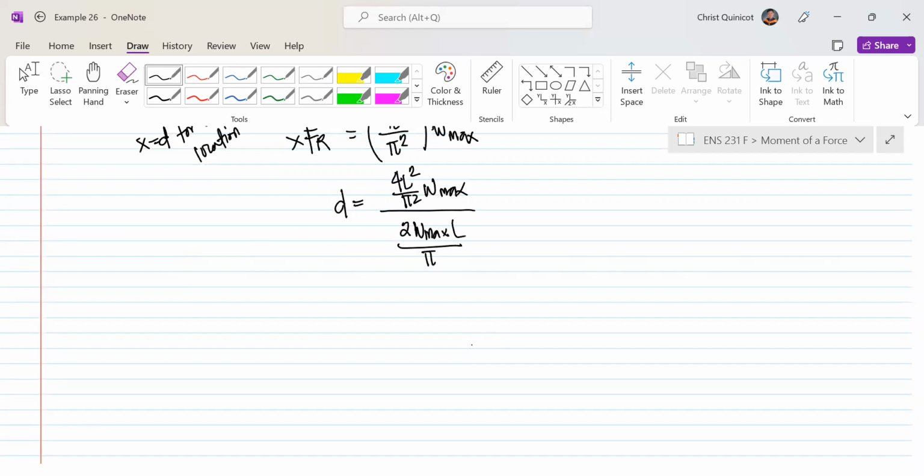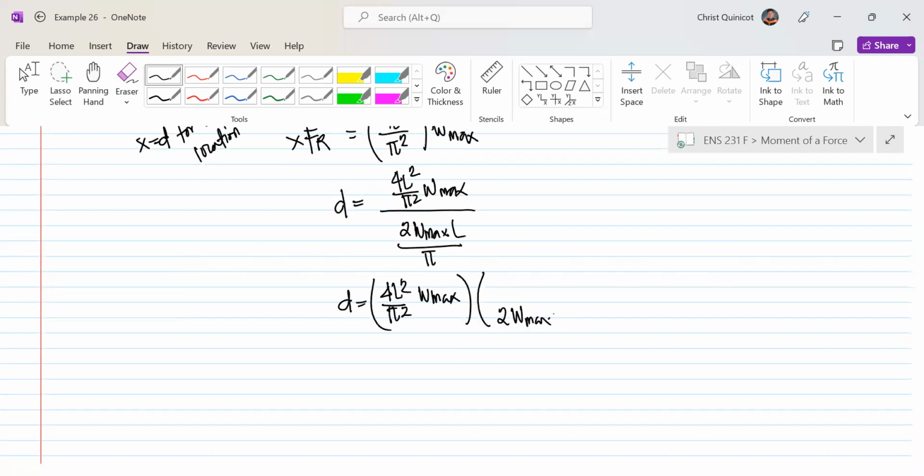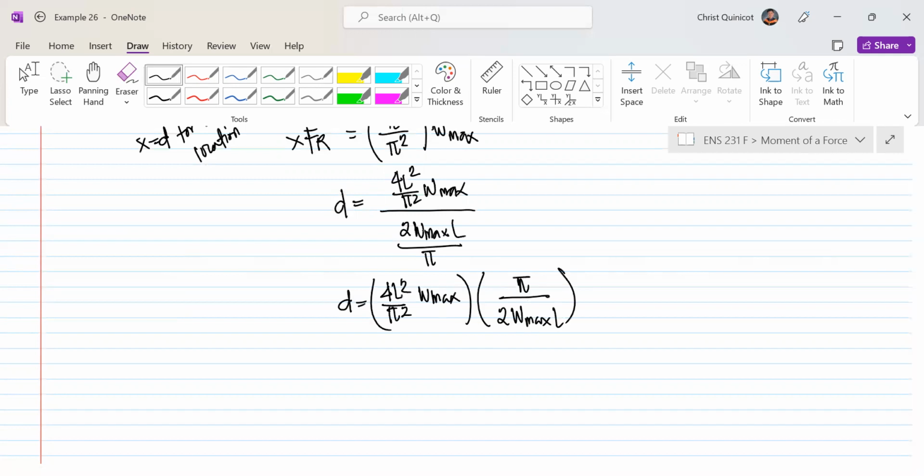So our D is equal to 4L squared over pi squared W sub max multiplied by 2W sub max L in our denominator, then pi. So cancel pi, we'll only be left with 1 pi in our denominator.